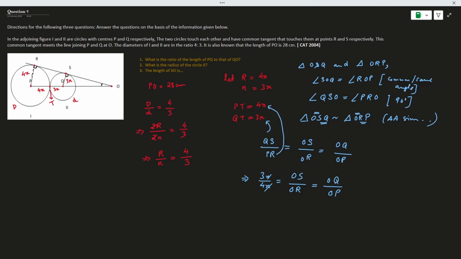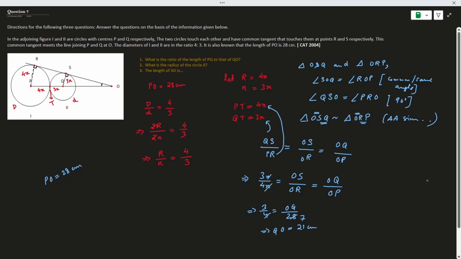If I get OQ, I will get PQ. So PO is equal to 28 centimeters. Substitute here. So 3 by 4 is equal to OQ by 28. Cancel this with 4. So OQ is 21 centimeters.